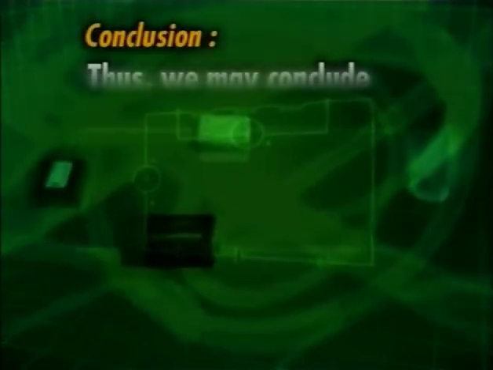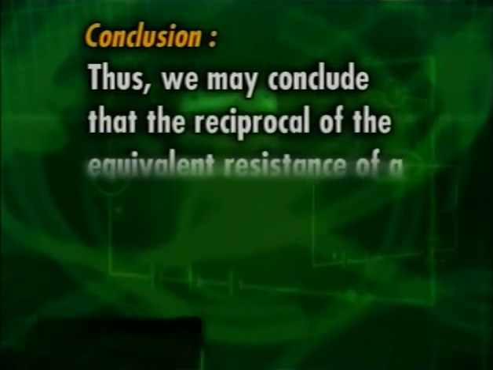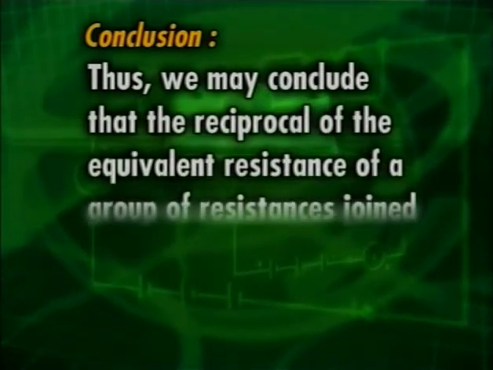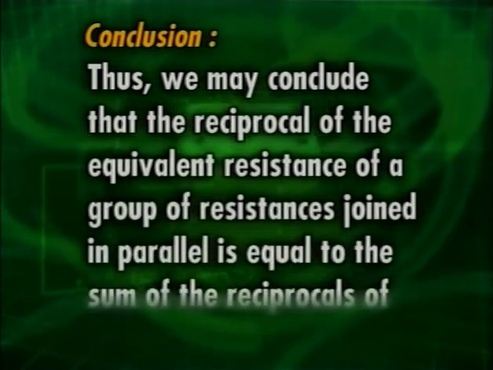Thus, we may conclude that the reciprocal of the equivalent resistance of a group of resistances joined in parallel is equal to the sum of the reciprocals of individual resistances.